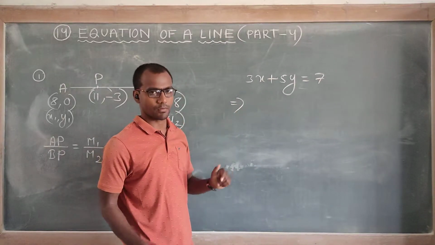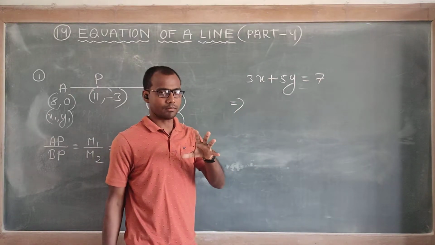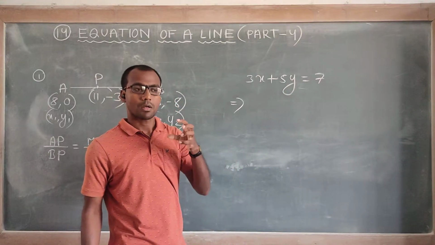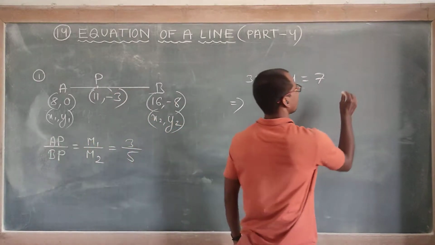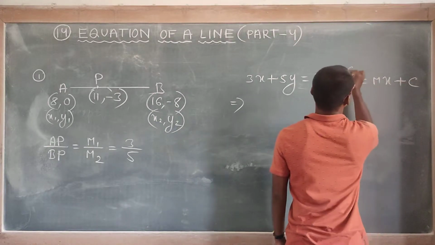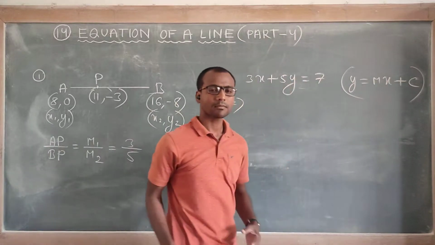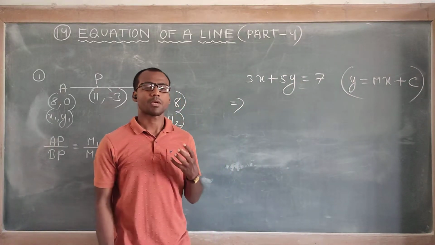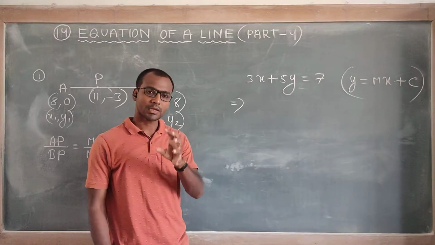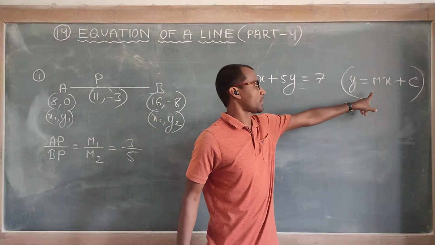This is in standard form, ax plus by plus c equal to 0 form. Here c is on the right side. But you have to bring it to the slope intercept form, y equal to mx plus c form. Remember this. Whenever you want to get some information about a line, bring the equation of the line to the slope intercept form.